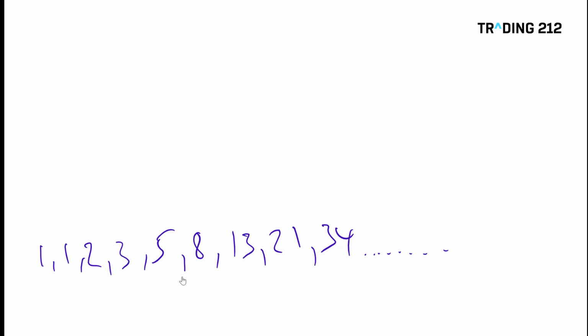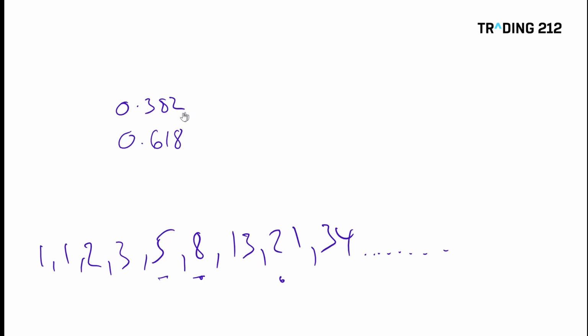For example, once we get past 1 at the beginning, any number divided by the next number along, the result gets closer and closer to 0.618. Any number divided by the number two along, let's say 8 divided by 21 in this example, the result gets closer to 0.382.